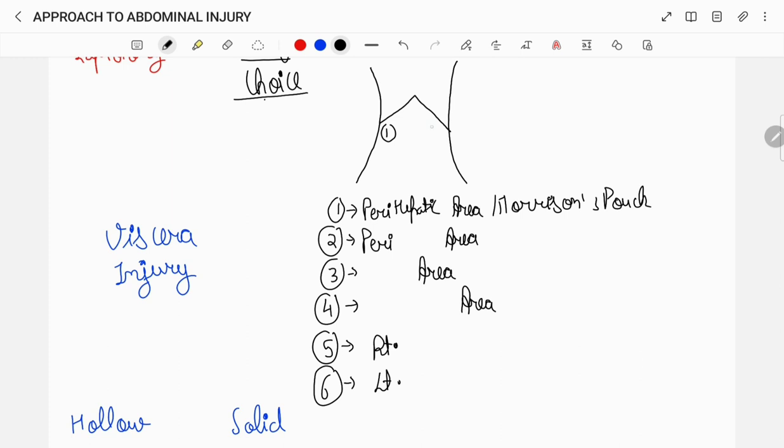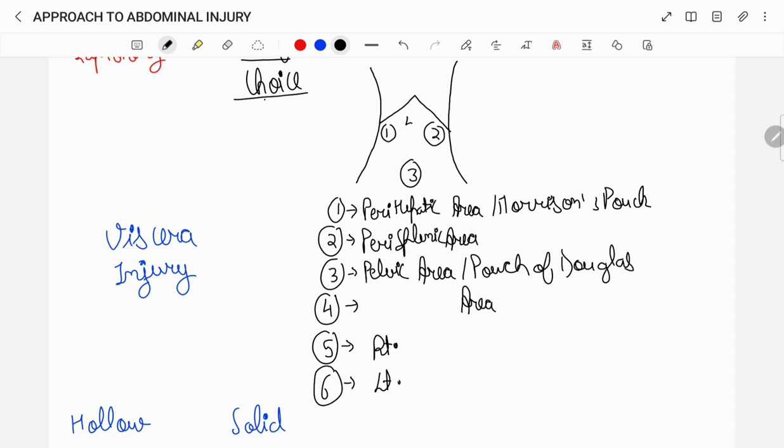Second, where we put the probe is the perisplenic area. Third, where we put the probe is the pelvic area, and specifically we focus on the pouch of Douglas.